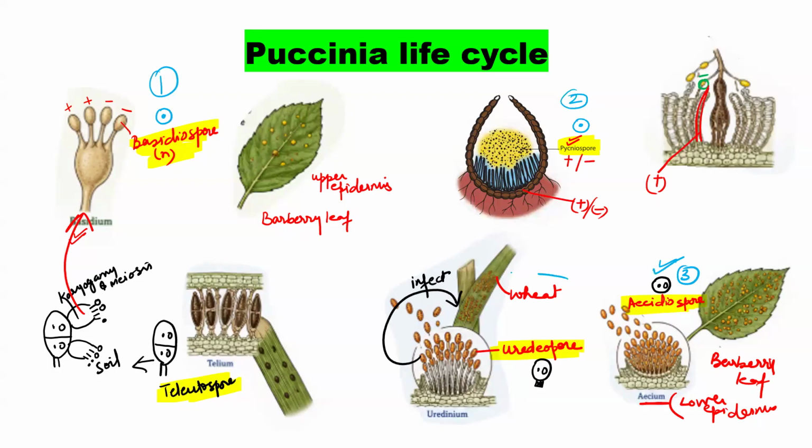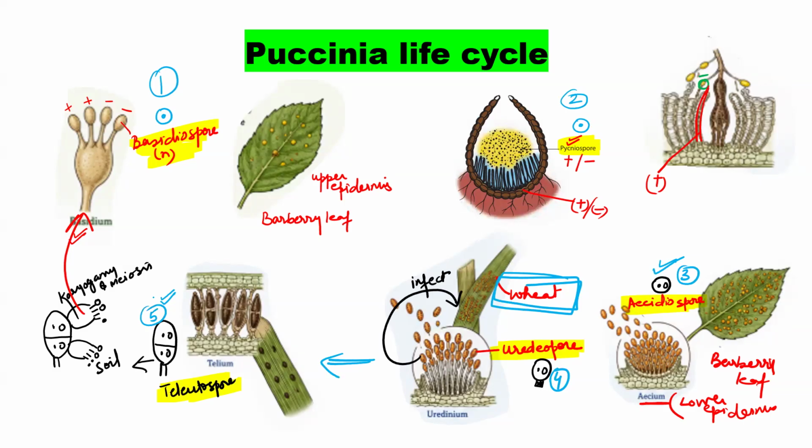Aeciospore is infecting wheat to produce urediospore, which is again dikaryon, and urediospore again infects wheat. A later stage will come when wheat will not produce urediospore, it will make teliospore, which is bicelled and dikaryon. Each cell is dikaryon, and it will give rise to basidia, where karyogamy and meiosis will occur to form basidiospore. So basidiospore made in the soil will again start the cycle.